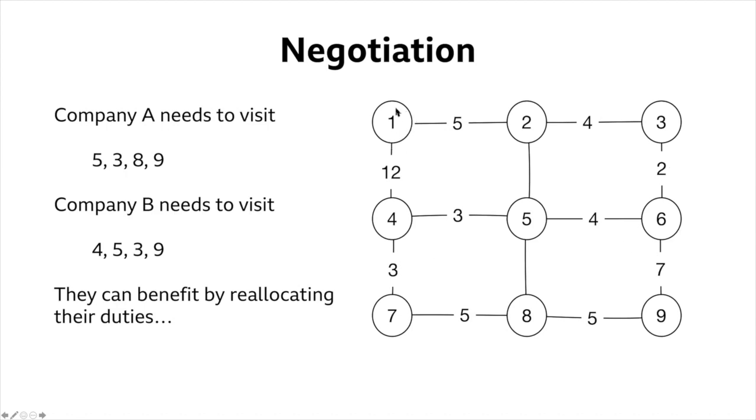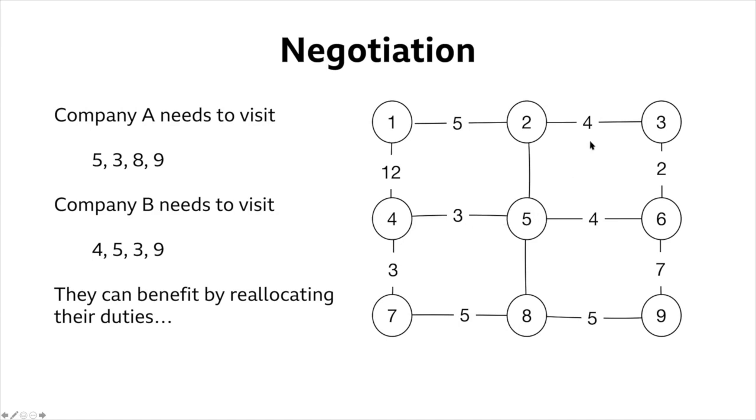Now, these two companies both start off at location 1, and they have tasks that they want to accomplish, which are to visit different locations. Company A needs to visit locations 5, 3, 8, and 9. Company B needs to visit 4, 5, 3, and 9.